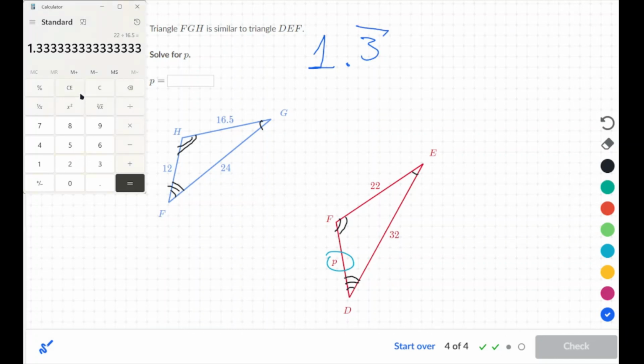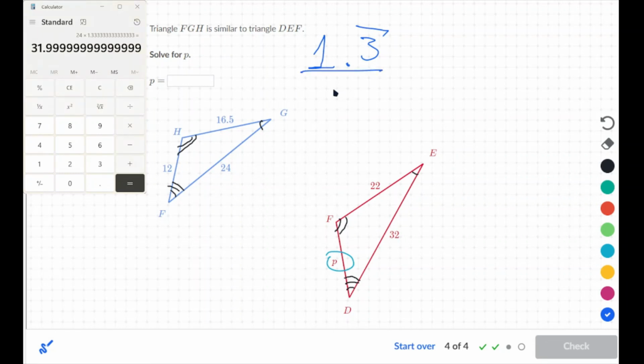So, alright, let's try one more. This time we're not going to divide 32 by 24, but we're going to multiply 24 by 1.3 repeating so we can see if it's correct. 24 times 1.3 all the way like that equals 31.9, and then we round it up, it equals 32.